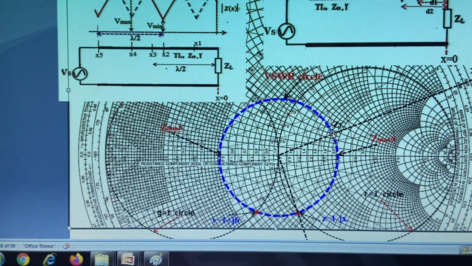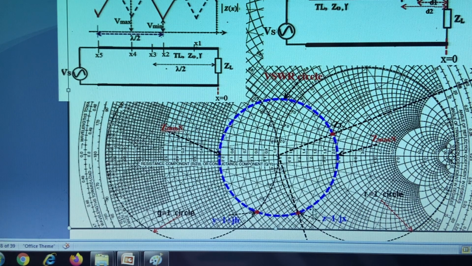That means you move over the VSWR circle until the VSWR circle intersects the R equals 1 circle. So this is the R equals 1 circle. This is the R equals 1 circle here.